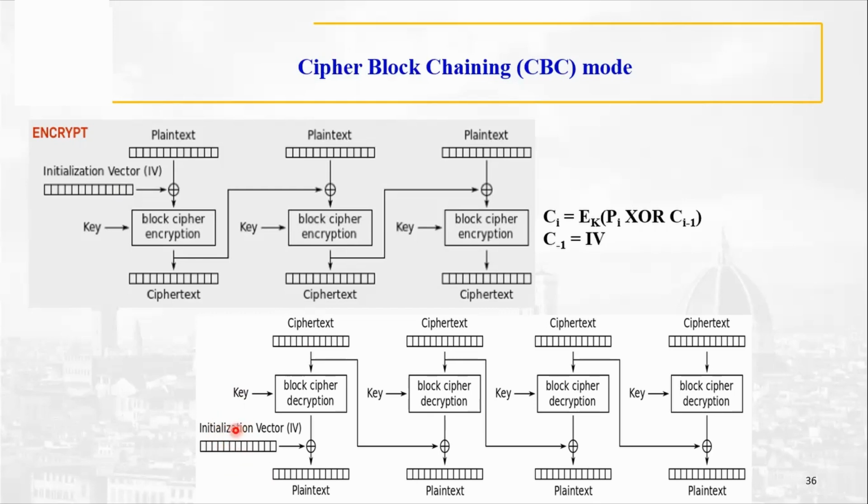This IV also has to be sent along with the key, because again this is needed for the decryption. IV is used here and IV is used here, right? So the problem is if the key is compromised or the IV is compromised, then you are losing the security.